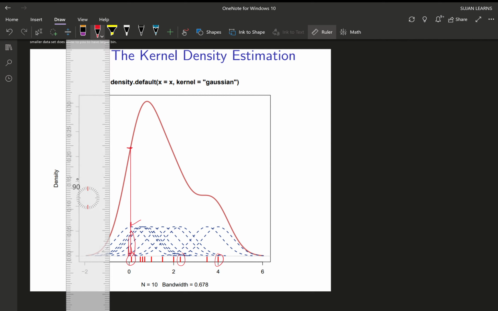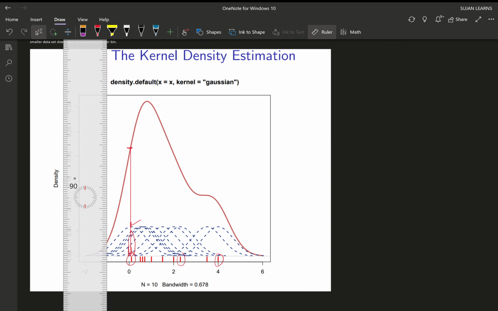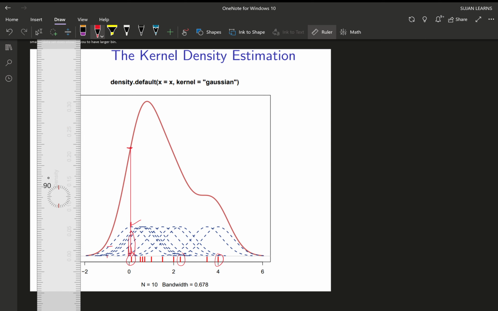The same way, let's say we take this point here, and we add up the height of this one and this one, and we get up to this point. If we do this for all of these points, then we get this kind of hill-shaped graph, which we call kernel density estimation.